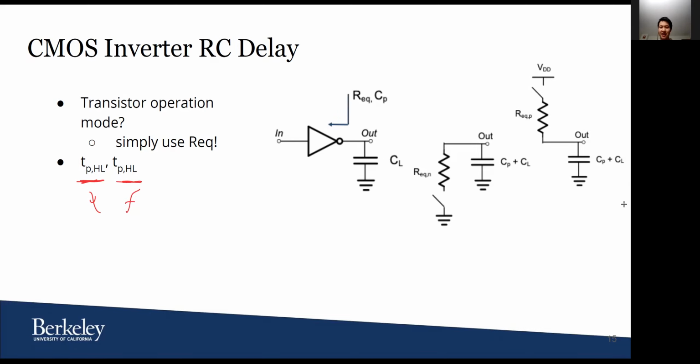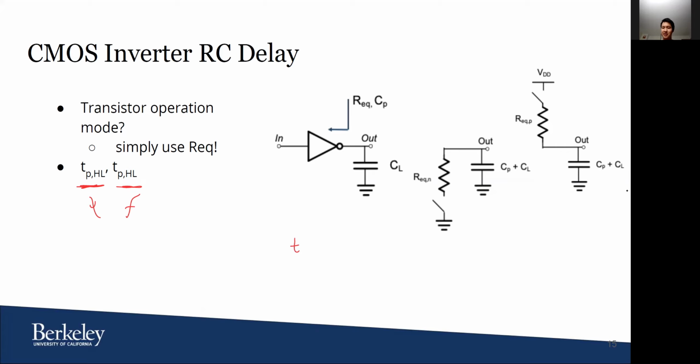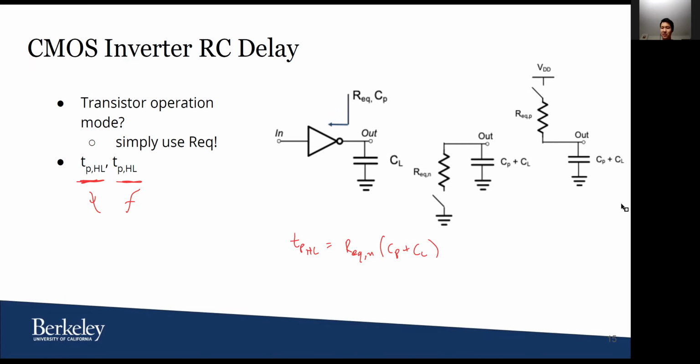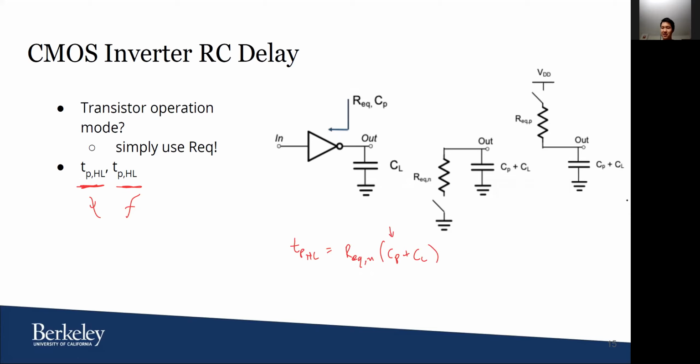In this case, if you have an equivalent resistance, this becomes just an RC time constant, where t propagation of, let's say, high to low is going to be equal to R equivalent N times the output capacitance, which in this case is C parasitic plus C load. If you work this out, earlier we saw that C parasitic is equal to gamma C in.